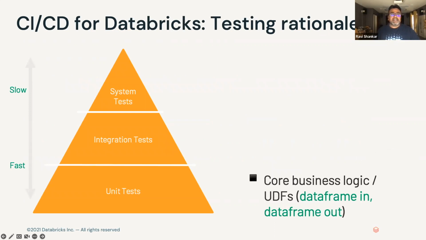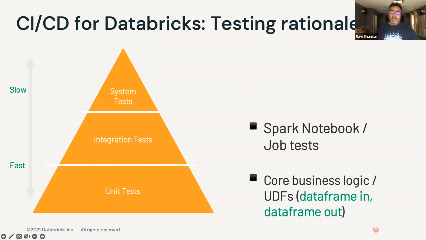What this means in CI/CD, and why we need to do CI/CD within Databricks, is that typically the unit tests you run as part of your CI/CD, in the initial stage, like writing a data frame and testing it out or creating a UDF, are all smaller packages that you write on a daily basis, and you want to test them as quickly as possible. That's where unit tests are really important.